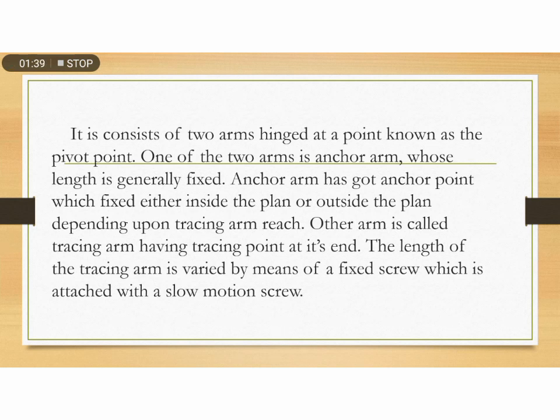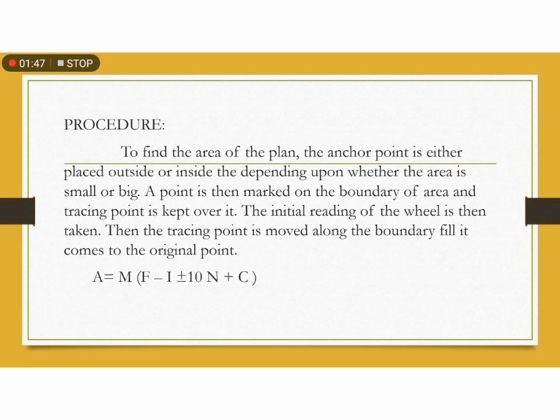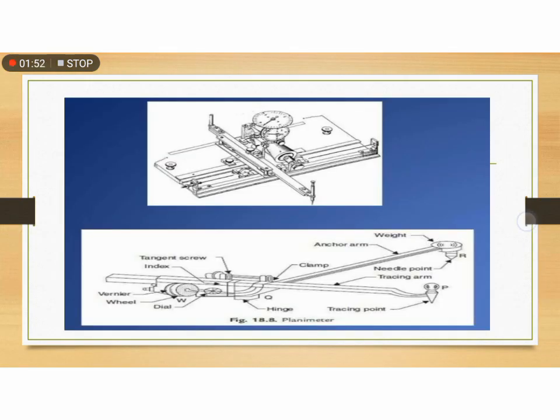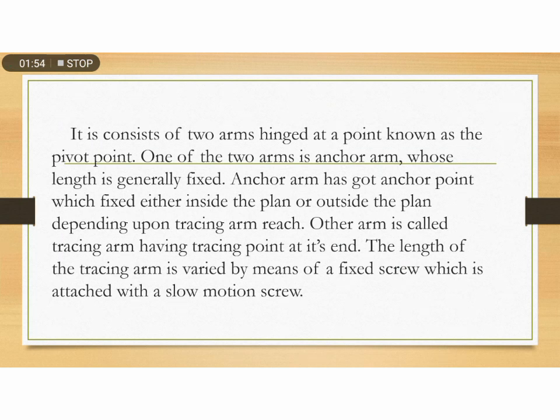So the length of the tracing arm is varied by means of a fixed screw which is attached with a slow motion screw. This is an example in the planimeter method solutions.